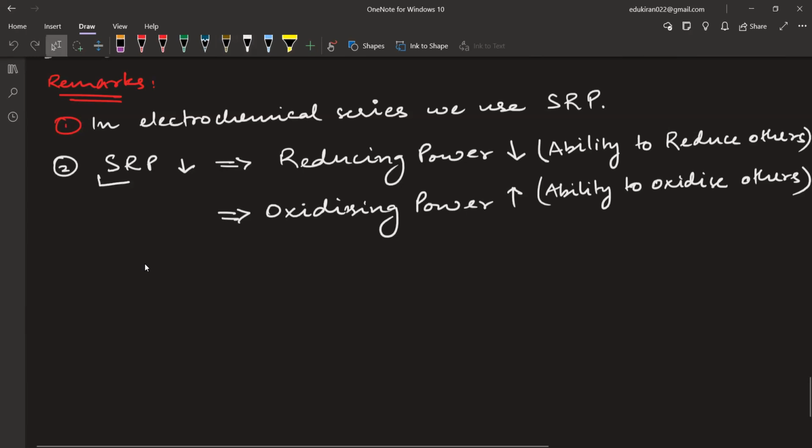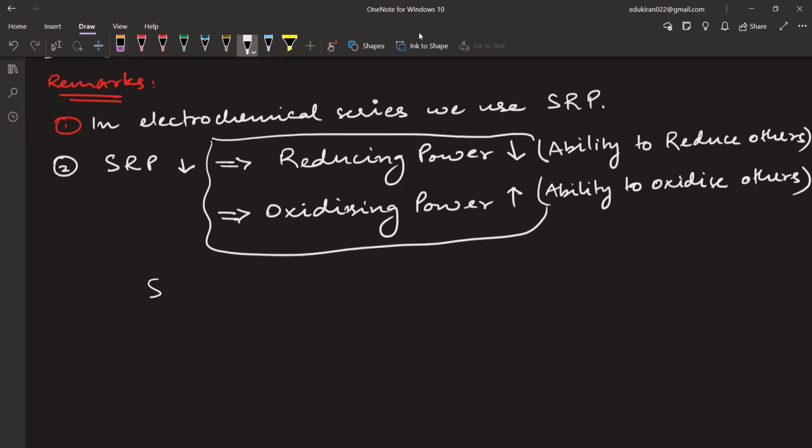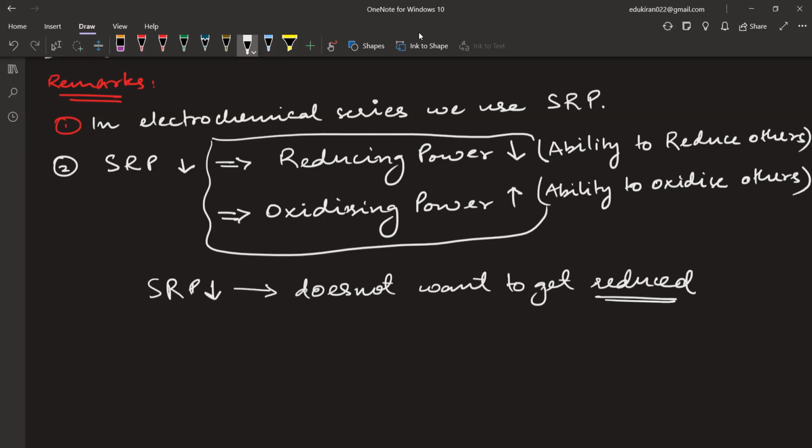If the SRP is decreasing, will that metal want to get reduced happily or not? If SRP is low, it doesn't want to get reduced. अरे sorry, हमने यहाँ पे एक चीज उल्टा कर दिया. Reducing power will be increasing and SRP will be decreasing.